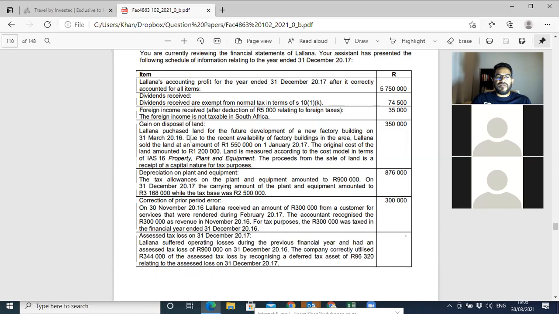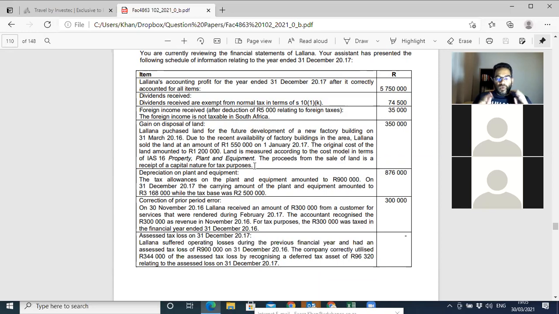Due to the recent availability of factory buildings in the area, Lalana sold the land at an amount of 1,550,000 Rand on 1 January 2017. 1 January 2017 is the current financial year. The original cost of the land amounted to 1.2 million. Land is measured according to the cost model in terms of IAS 16. The proceeds from the sale of the land is a receipt of a capital nature for tax purposes.